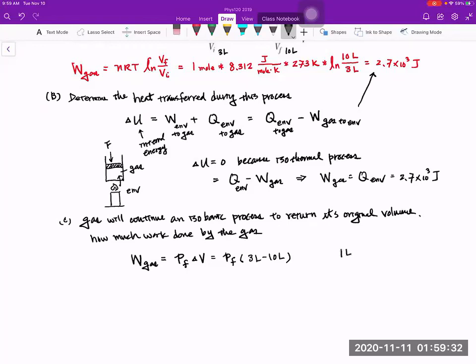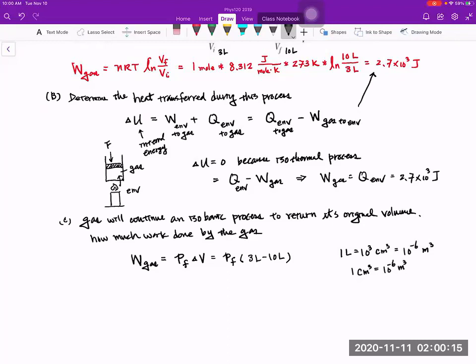So 1 liter is equal to 10 to the third centimeter cube, and 1 centimeter cube is 10 to the negative 6 meter cube.